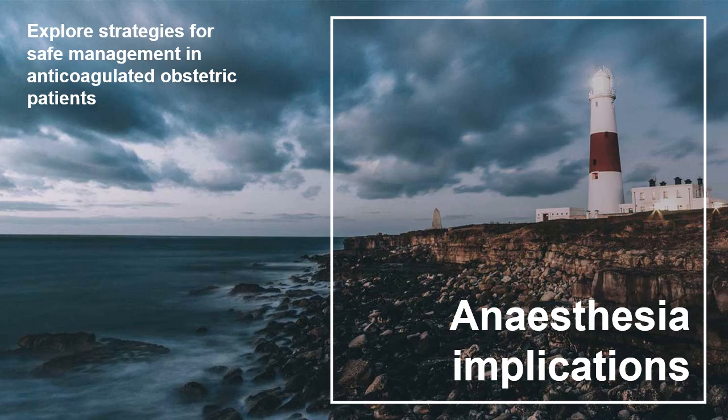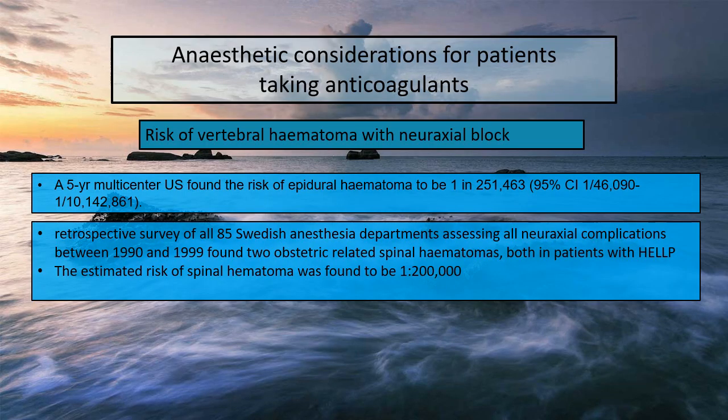So what are our strategies? What is the impact of having these anticoagulants started antenatally? The risk of vertebral hematoma with neuraxial block is something that we are really worried about, because 99% of the time we encourage the use of neuraxial analgesia, spinal or epidural anesthesia, because it provides safe and effective pain relief during labor, and it is the preferred form of anesthesia during cesarean delivery.